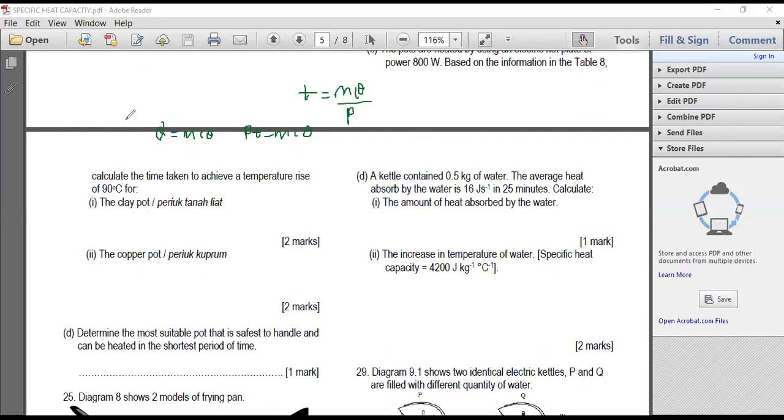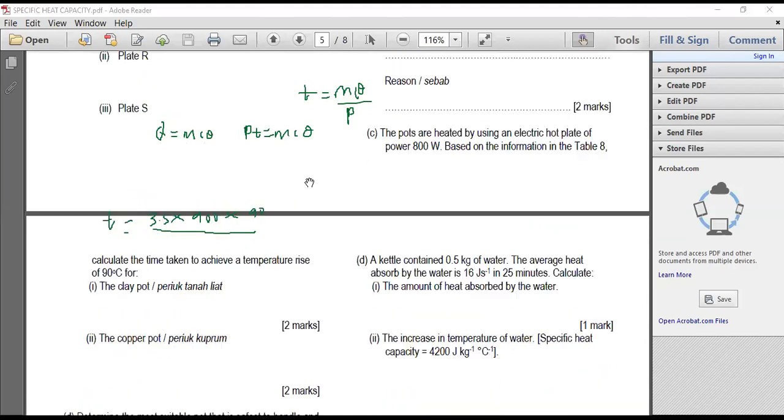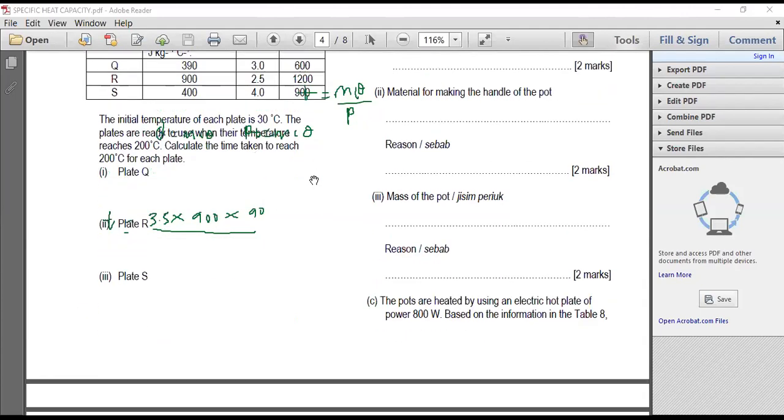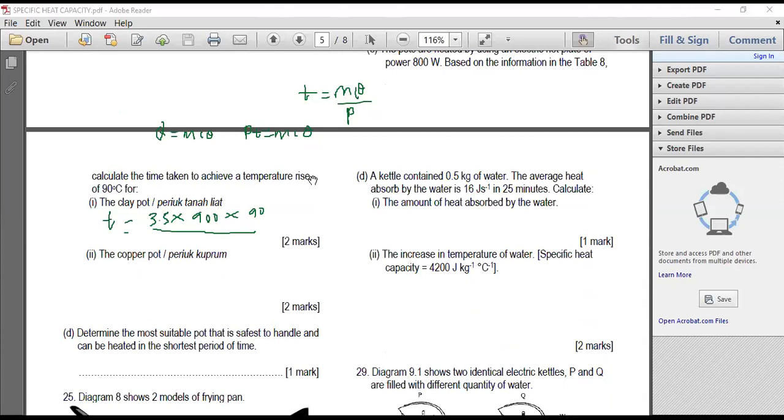So this one will be 3.5, 900. Change in temperature is 90. Then the power is 800.